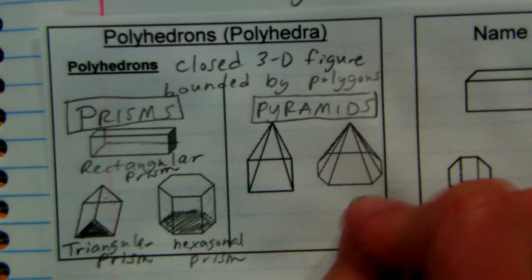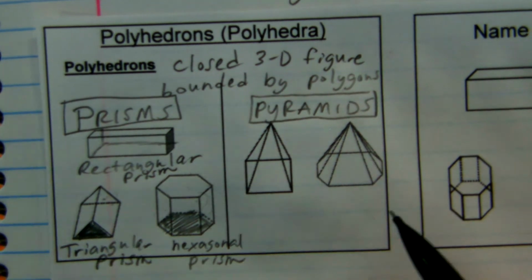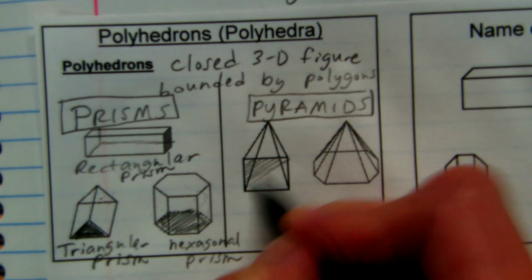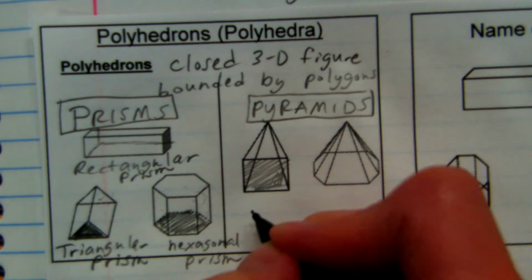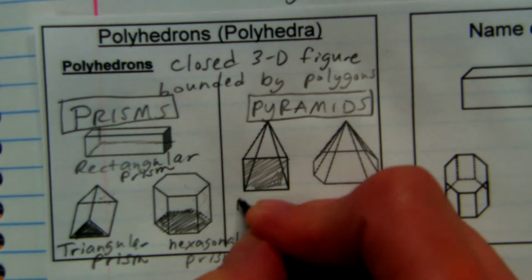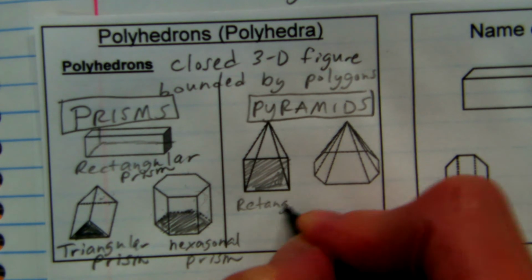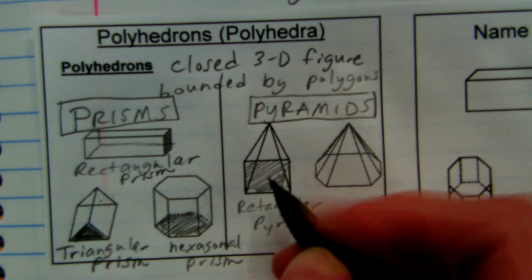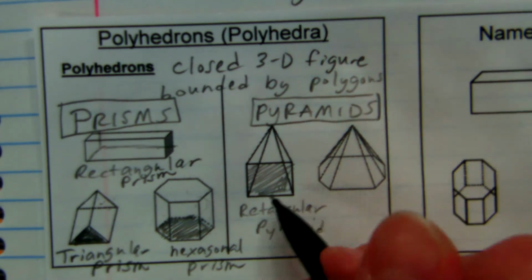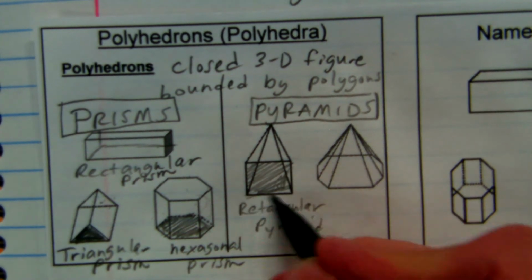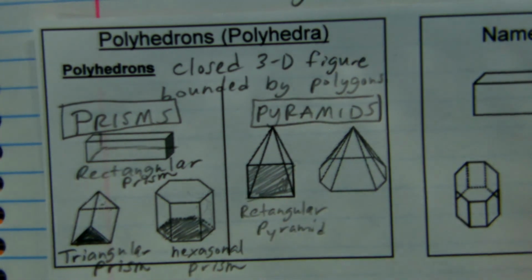So the difference when we look at a pyramid is you have just one base. So this is the base on this one. It's sort of sitting on a rectangle. And so we would call this a rectangular pyramid. You can have a square pyramid. A lot of the ones that we think about have squares on the bottom. And if they want you to know it's a square, they'll mark the sides so that they're the same.